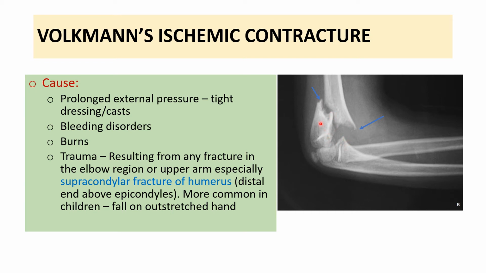The lower fragment moving upwards and backwards, the upper fragment moving forwards. And this supracondylar fracture of humerus is the most common fracture in the pediatric age group, and it results from a fall on the outstretched hand. So the most common cause is supracondylar fracture of humerus, more common in children, and it results from a fall on outstretched hand.